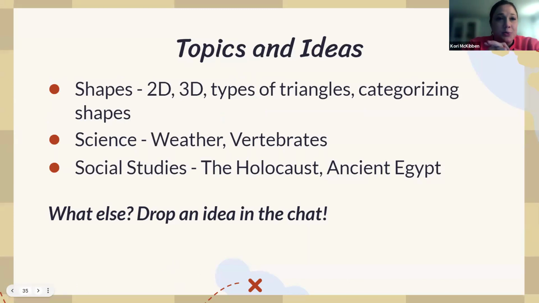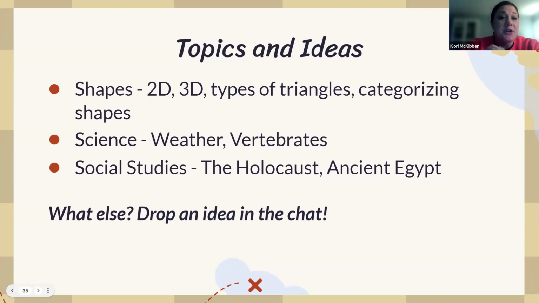So how else could we use semantic mapping? One way, in math, is that we could use it for shapes. We know that there is a lot of categorizing of different types of 2D and 3D shapes. So you could use it for categorizing 2D and 3D shapes. You could use types of triangles.